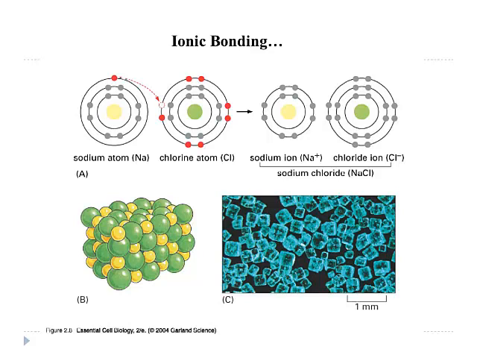And the chlorine atom, which is just one electron short of having a full third shell, will gain that electron and become a chloride ion. So you should be able to draw an atom in this manner where you have the electron shells showing. But in your book, it also includes other ways of representing these molecules.